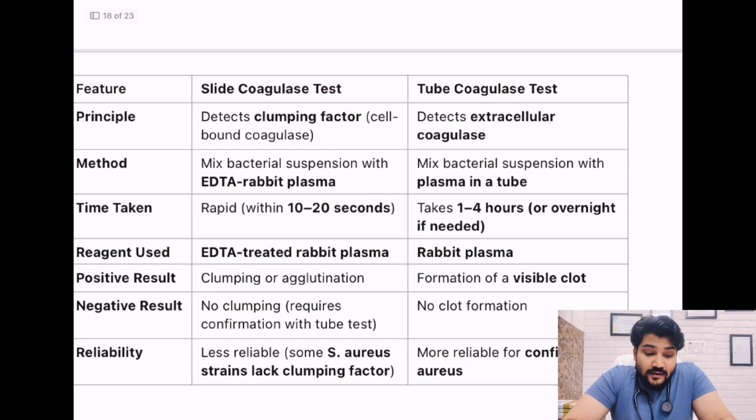Agglutinins will form in the slide coagulase, and a visible clot will form in your tube coagulase. Okay. And more reliable is your tube coagulase and less reliable is your slide coagulase. Okay.